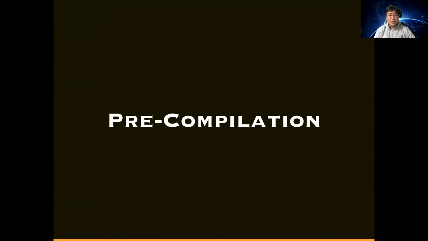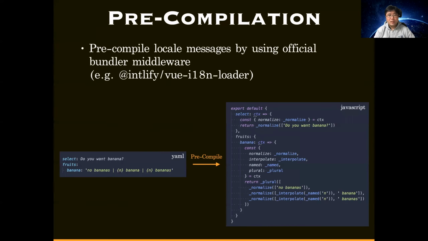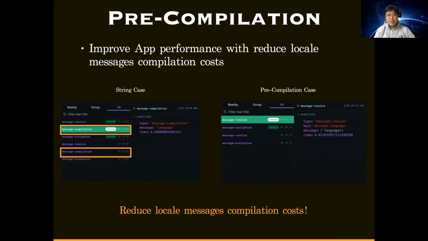Next, I'd like to talk about precompilation. Vue I18n supports precompilation of locale messages using the bundler plugins, which are provided as official tooling. Precompilation can improve the performance of your applications.